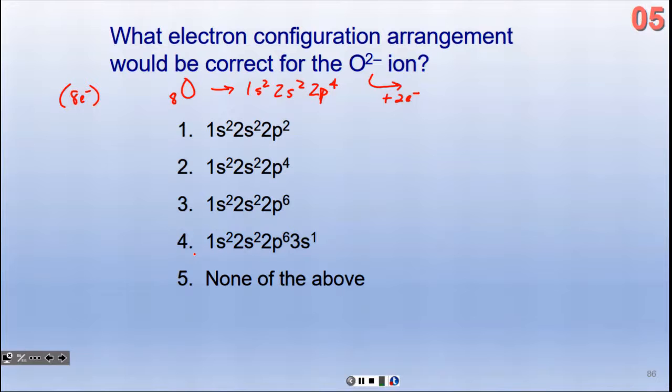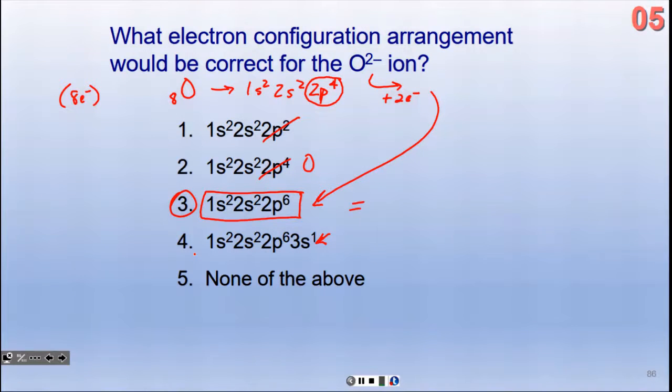The resulting configuration is going to have 2 more than oxygen in its normal neutral state. So it's not this one. That's not enough. That's just the oxygen atom. And this one corresponds to adding 2 more electrons. This would be something else, going beyond a stable noble gas configuration. This is the exact same configuration as, again, neon with 10 electrons.